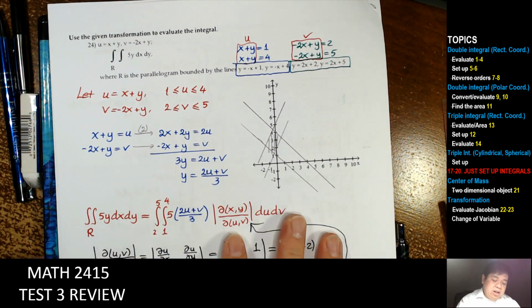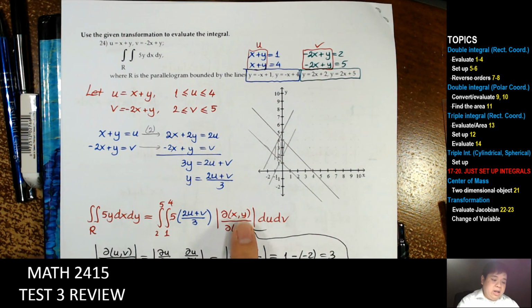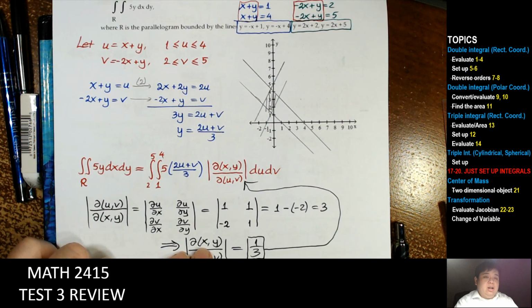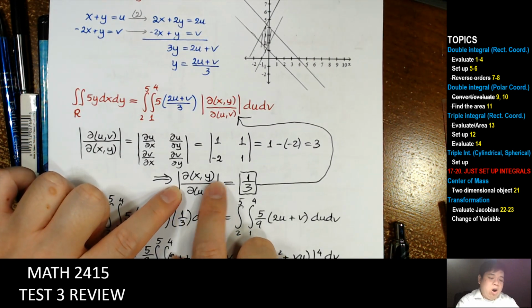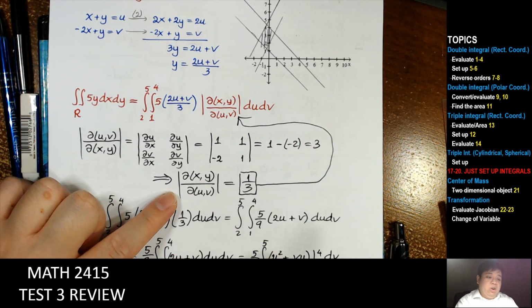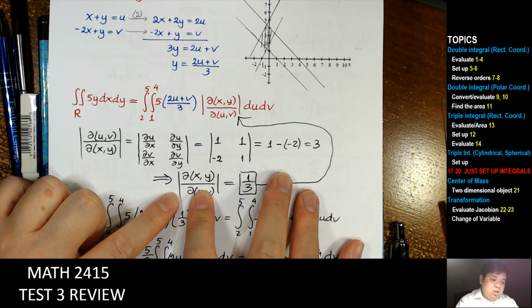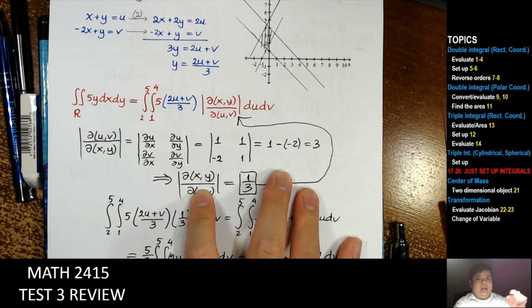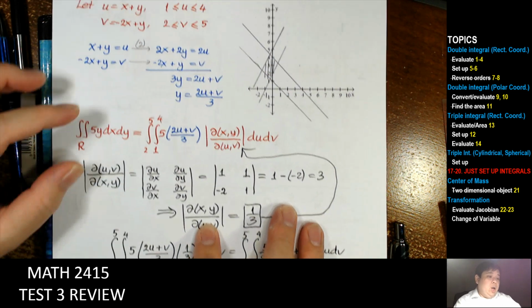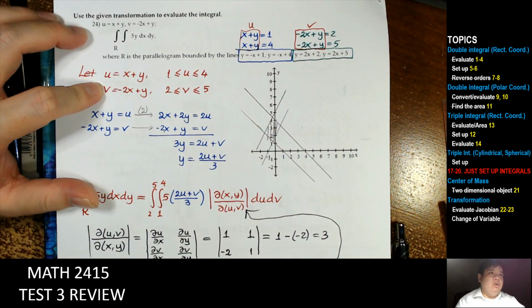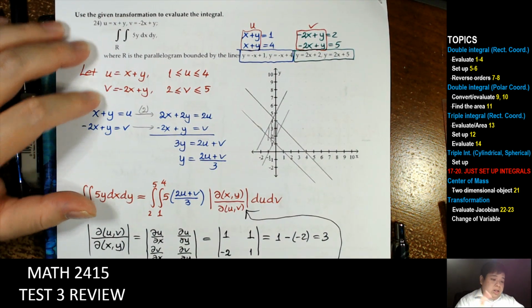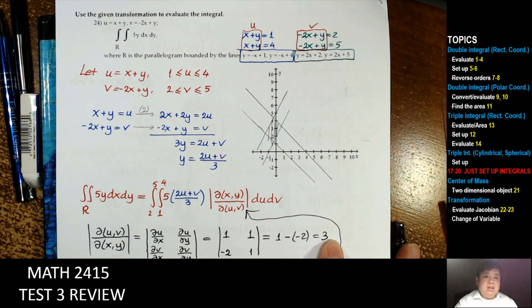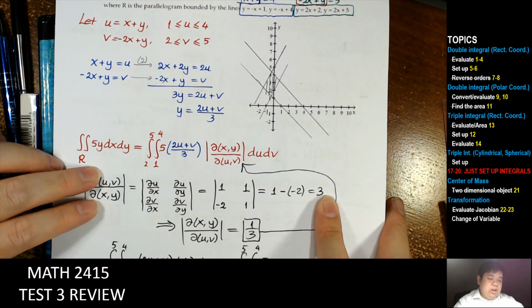So we have everything except the Jacobian here, asking for the partial derivative of xy with respect to uv. We don't have that. In order to do this, we would have to have x equal to something and y equal to something, but we only have u equal to something and v equal to something. So we still do that and get a number. That is uv over xy.